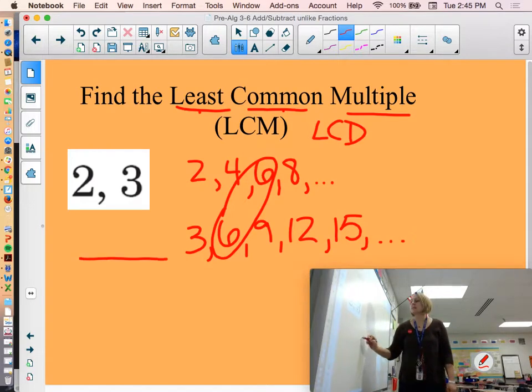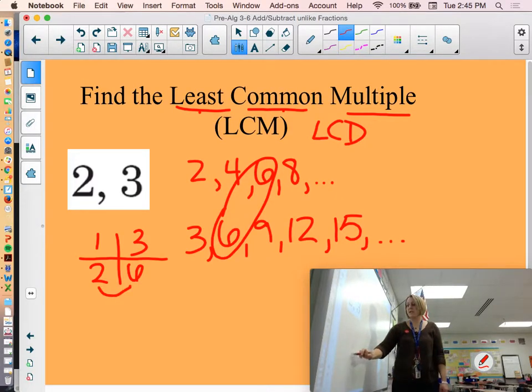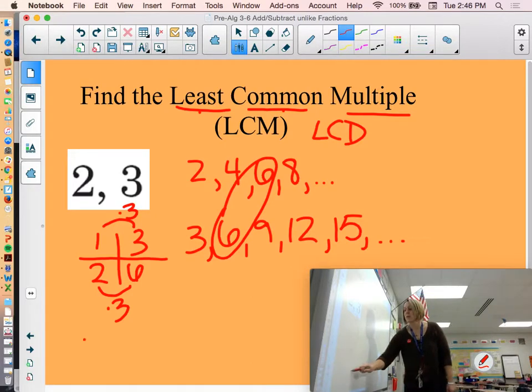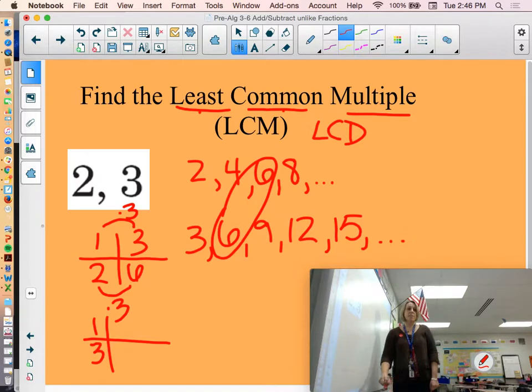And what we're going to look at today is you're going to look at a table and try to put 2 into 6. Let's say we have 1/2. That would be 3/6, because we multiply by 3 and multiply by 3. And to put thirds, let's say we have 1/3, you're going to put that into a table as well.